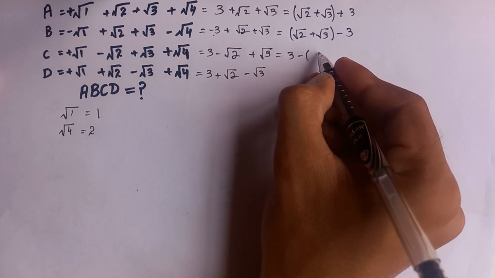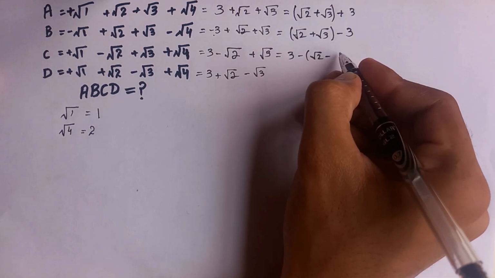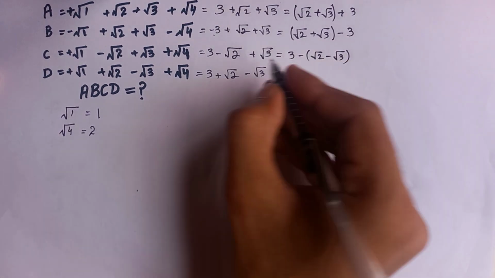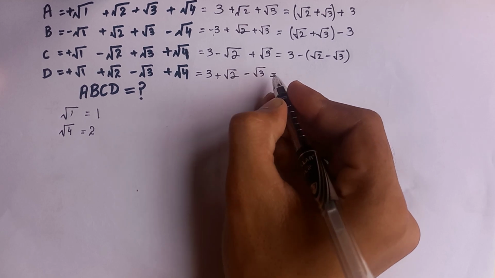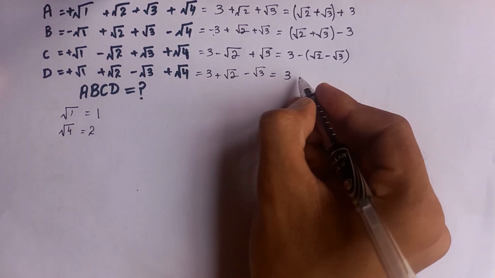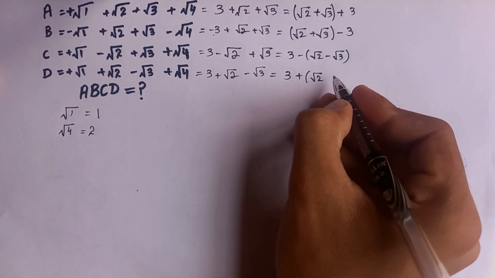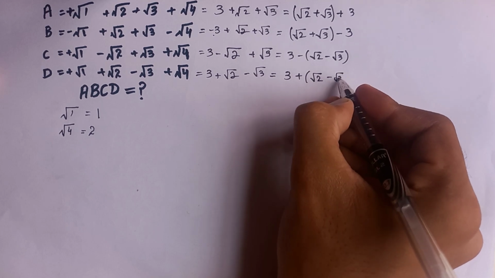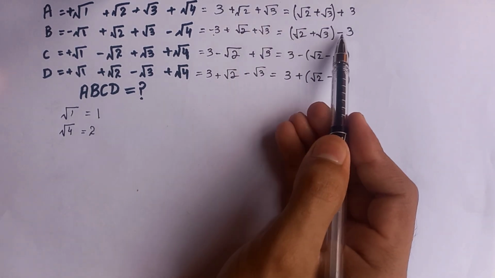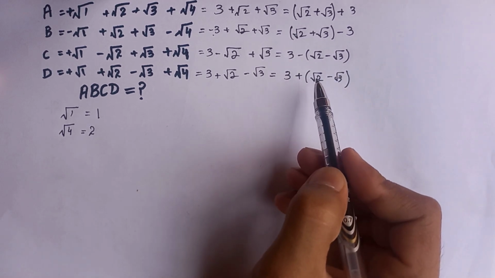We get square root 2 and this will become minus square root 3. So this is the value of c. Now for the value of d, this will become 3 plus square root 2 minus square root 3. So this is the value of a, this is the value of b, this is the value of c and this is the value of d.